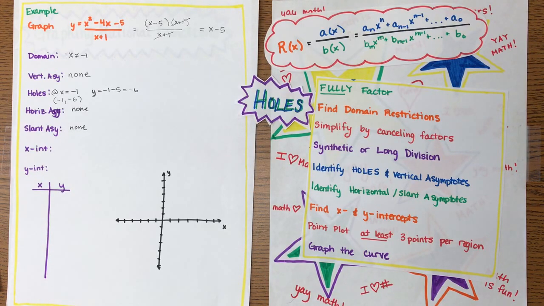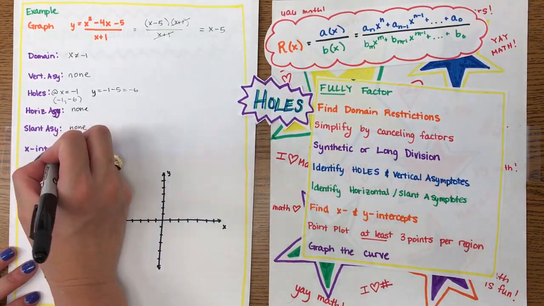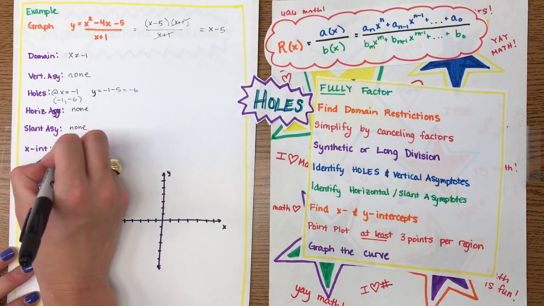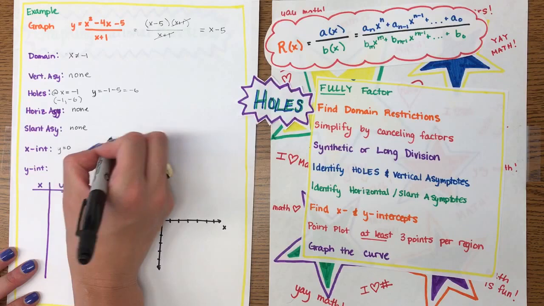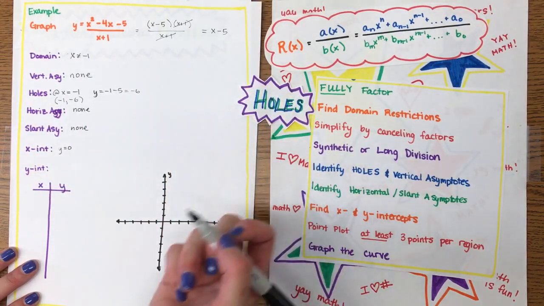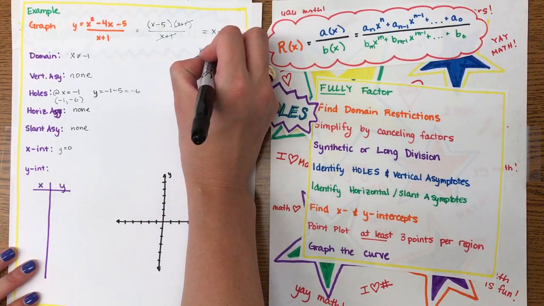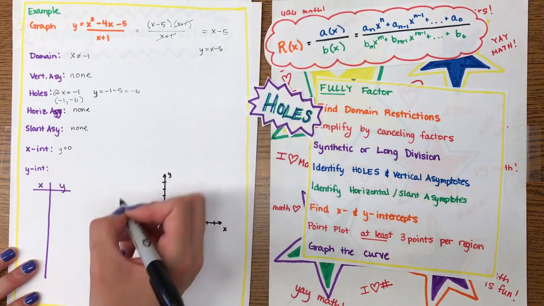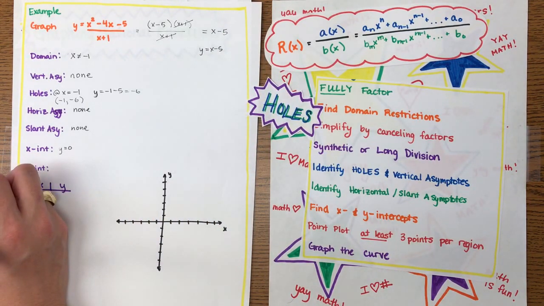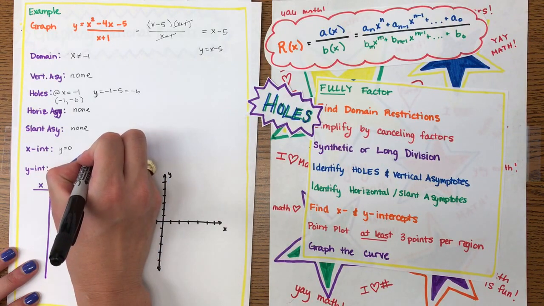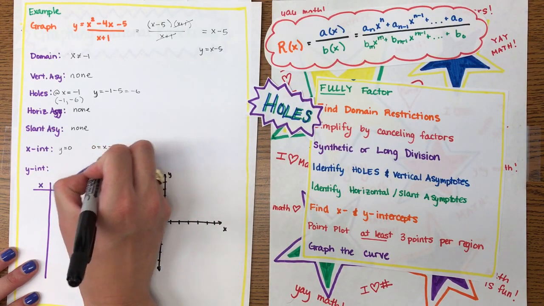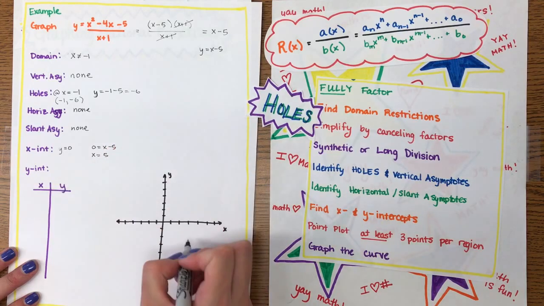So I can find my x-intercept. My x-intercept is going to occur when y is equal to 0. So my x-intercept, and actually this is a line in slope-intercept form. So my x-intercept: 0 is equal to x minus 5. x is equal to 5.